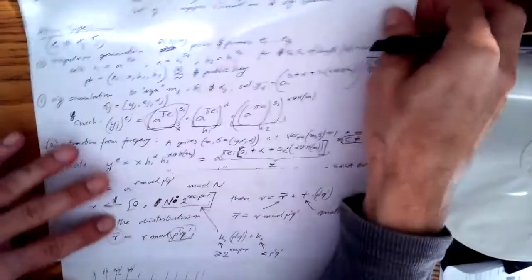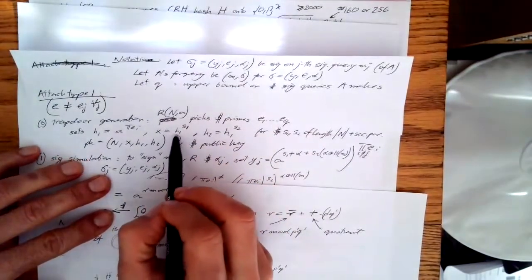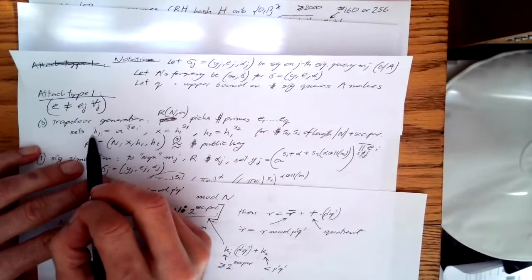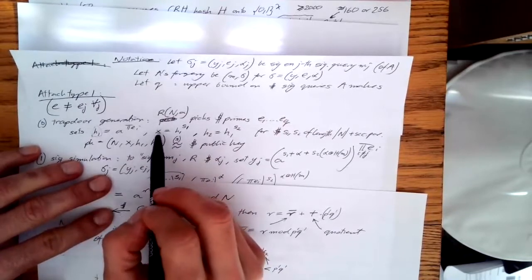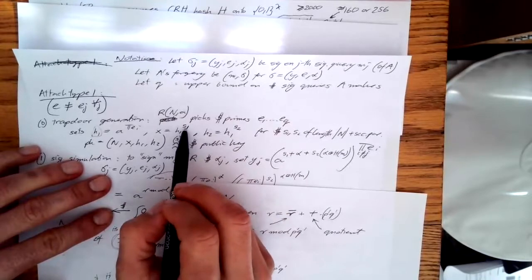What does the adversary see about S1 and S2? Well, he sees some QRN element and other elements which are powers of H1 and H2 to these S values.